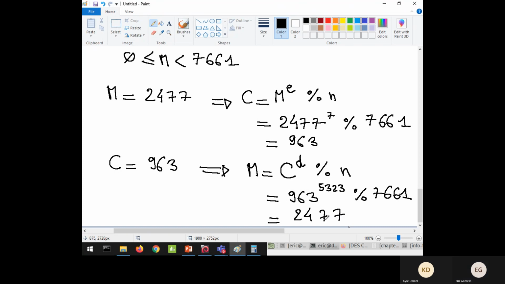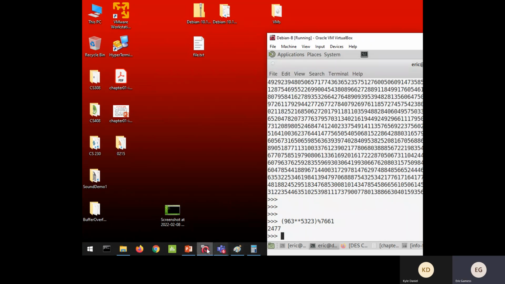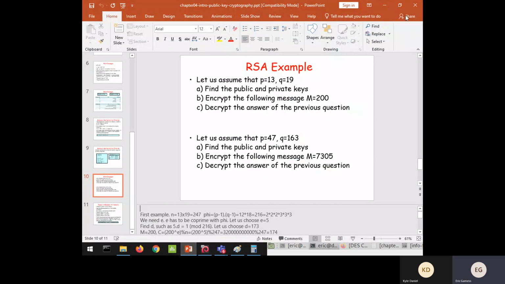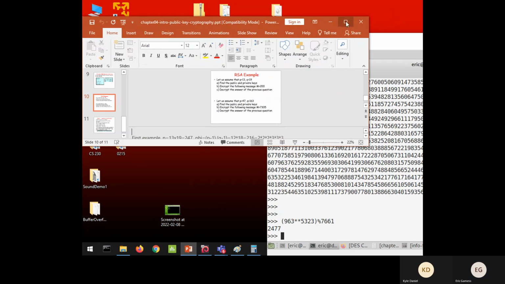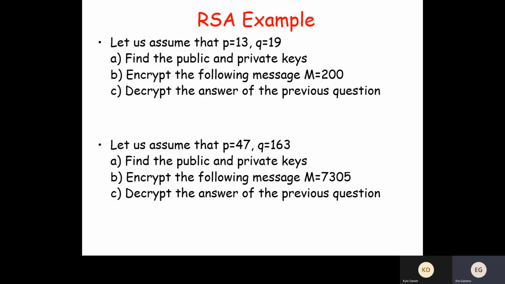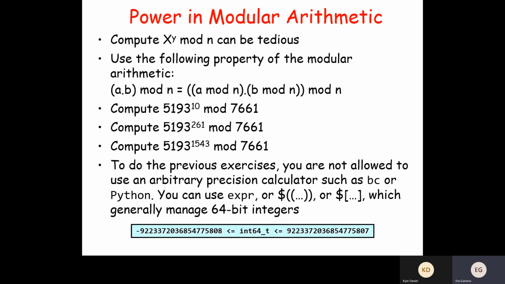It did work. Okay, so that's it. Let's continue with the slides. That was just 2 exercises here. So they were saying encrypt this message. We could have encrypted. It's okay.